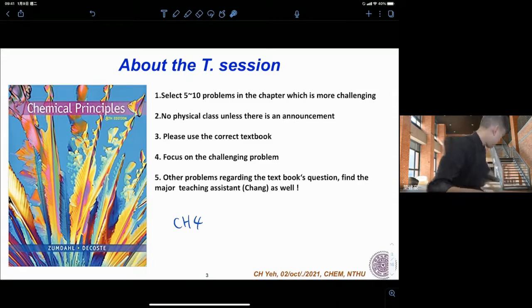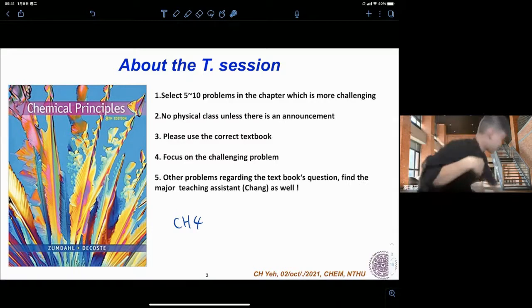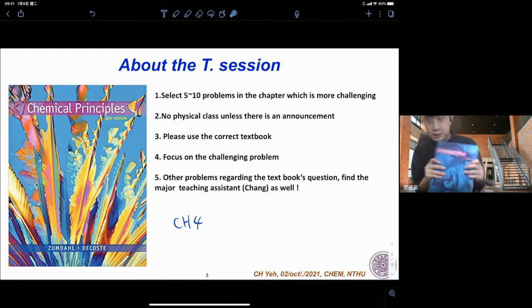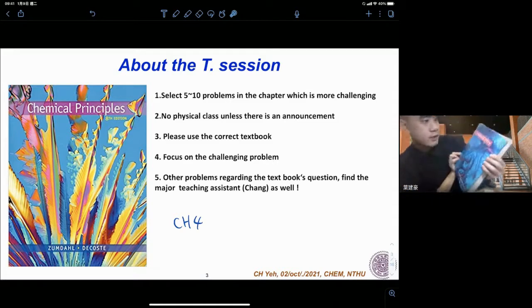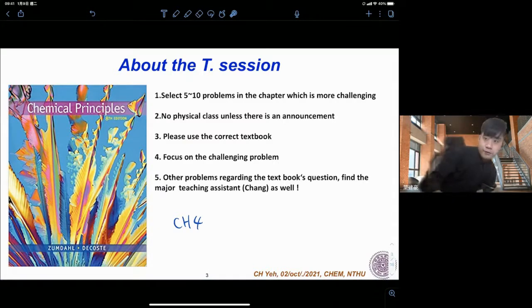So majorly, you'll be using this textbook, Chemistry Principle 8. But there's a newer edition like this. This is the 10th edition, but the content inside these two textbooks is very different because, as I say, there's a major reduction in some chapters. So the problem set is not completely the same as well.